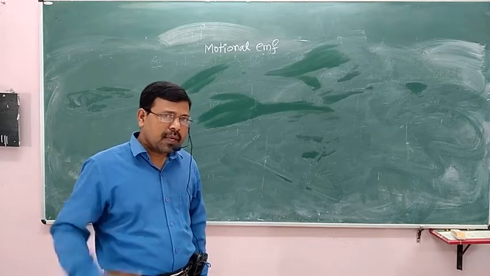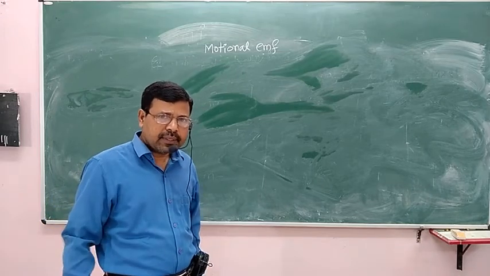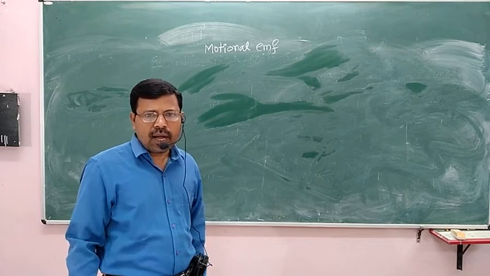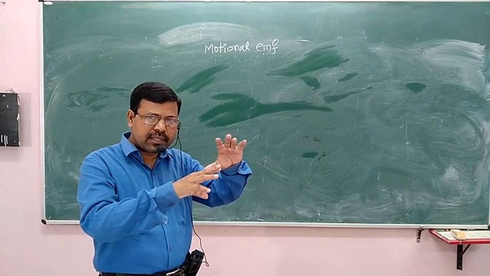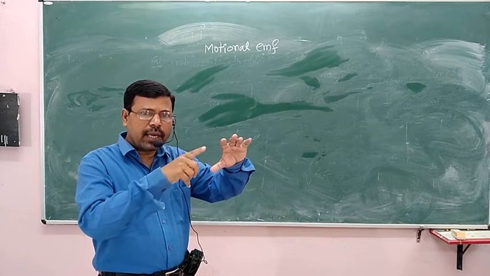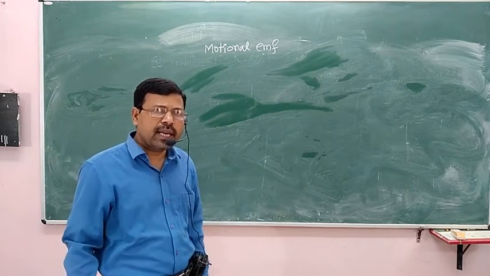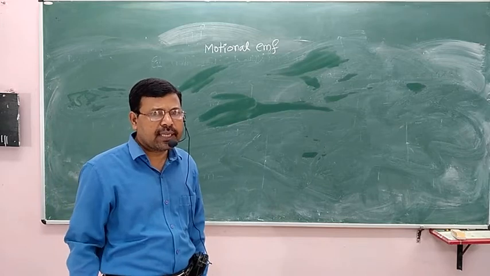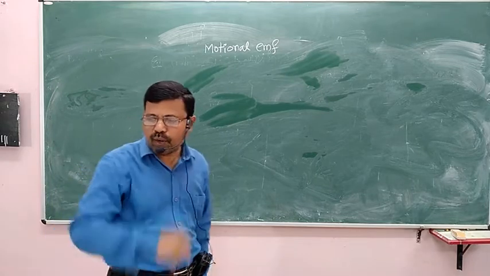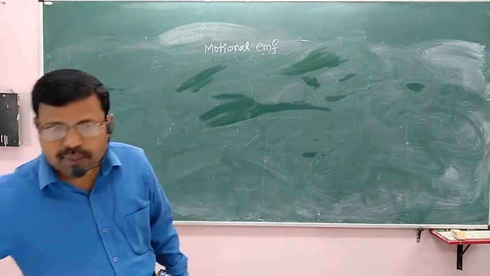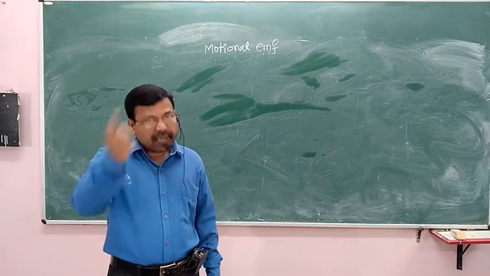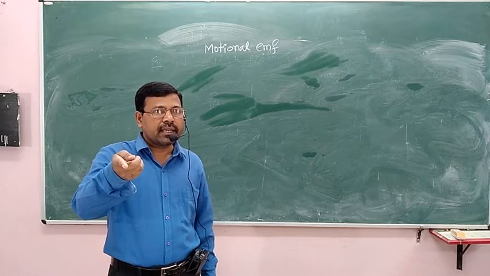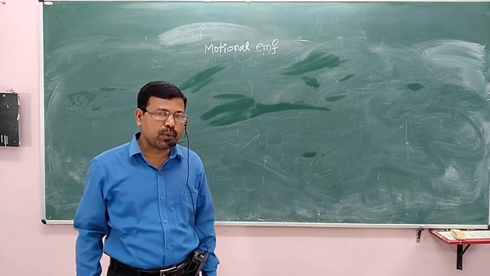As we learned in the previous class, due to change in magnetic flux linked with a coil, induced EMF or induced current is produced. Here also, due to change in magnetic flux linked with the conductor, induced EMF is produced.